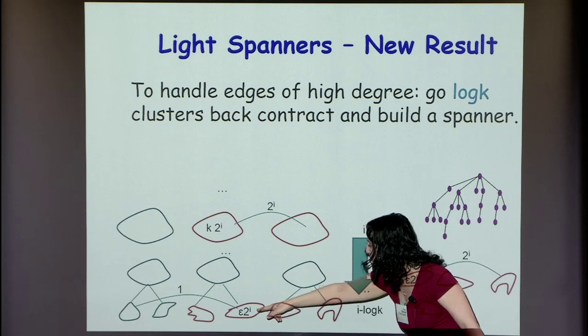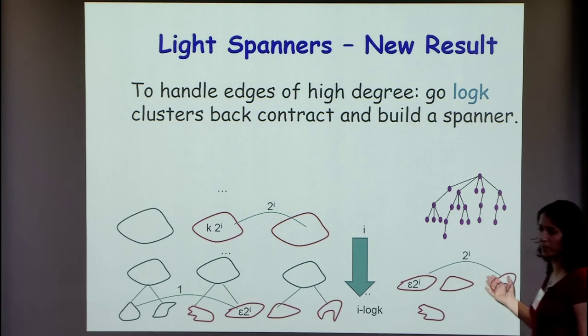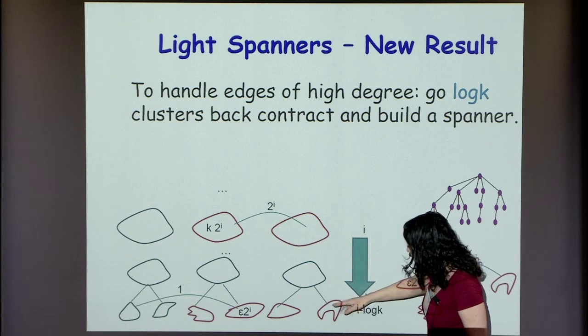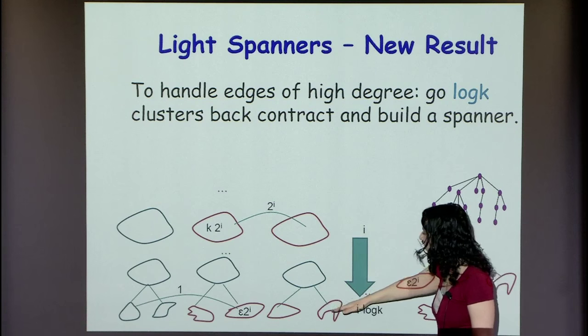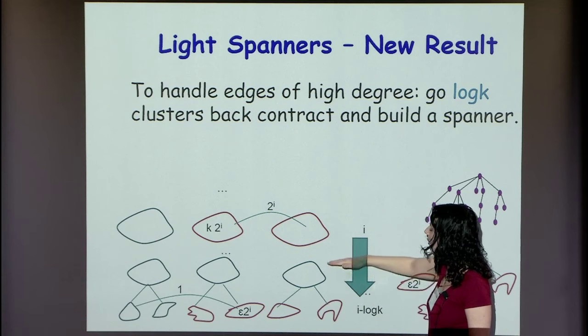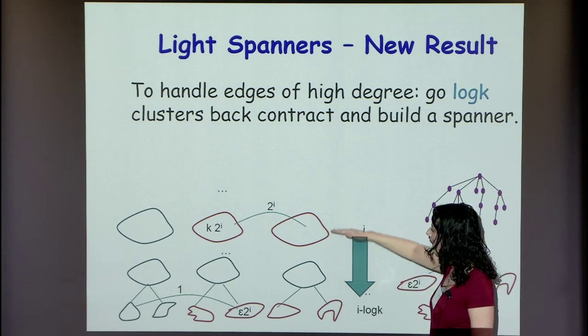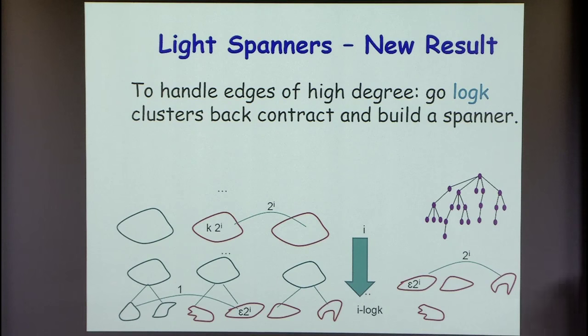So this is the first time I actually add the nodes in these clusters to a spanner. And I know that after log k levels, they will disappear. So half of them have only log k levels chance to appear in a spanner. So that's the general idea for getting the log k times n to the 1 over k.